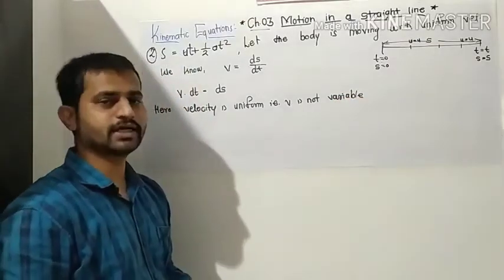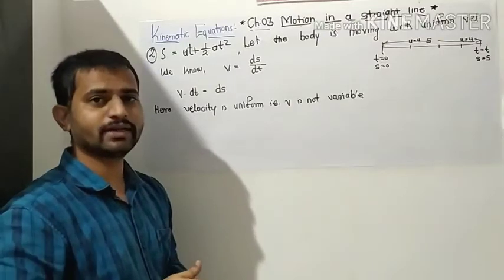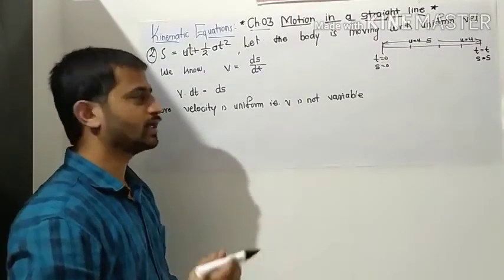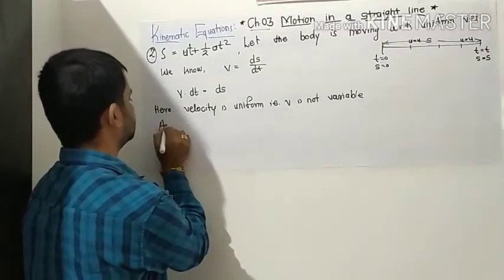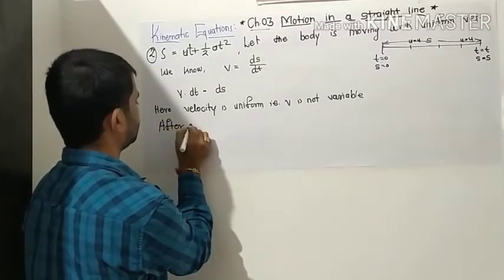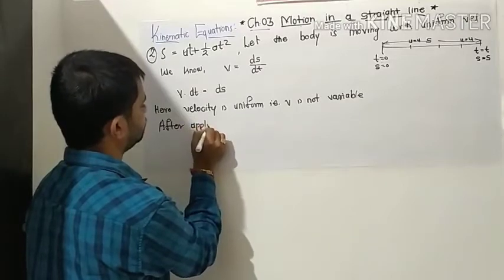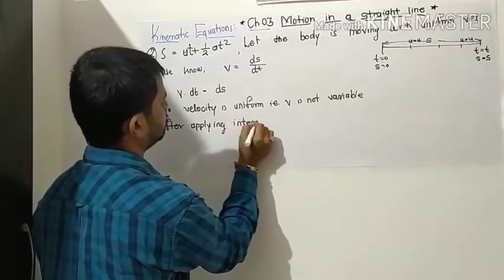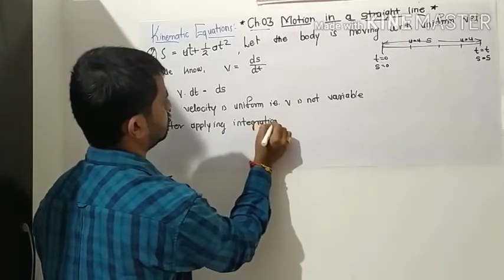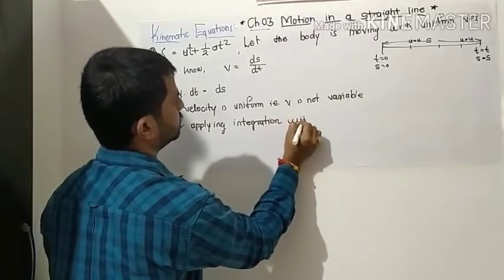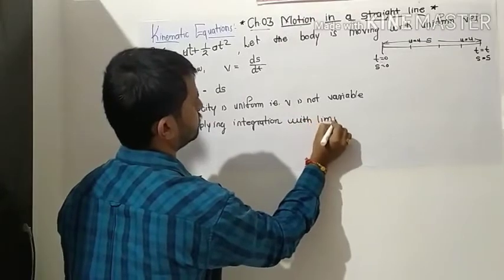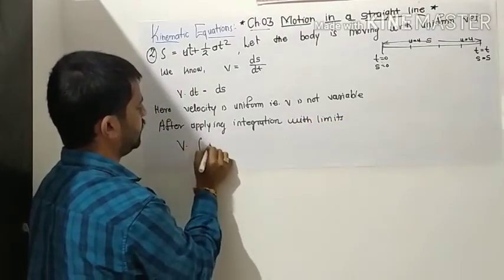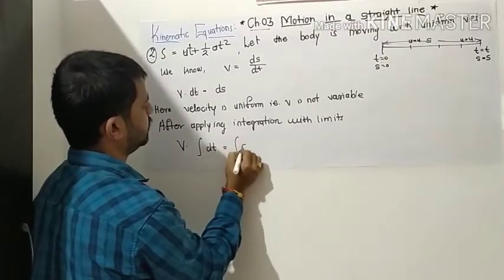So in this case, whenever we have to apply the limits, we apply them to s and t. After applying the integration with limits, we get the integration of v dt is equal to the integration of ds.